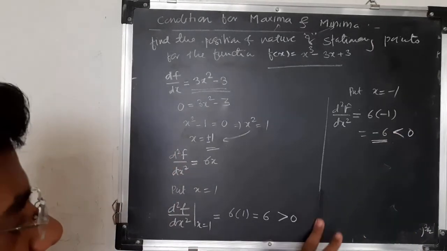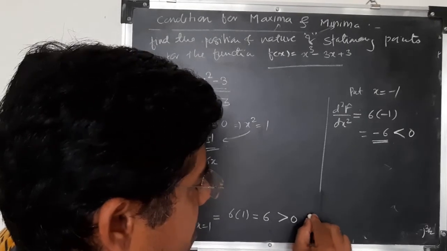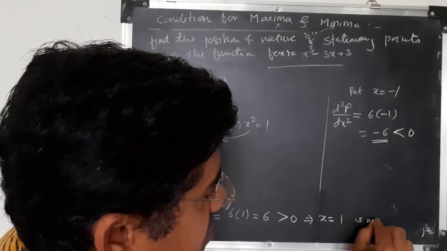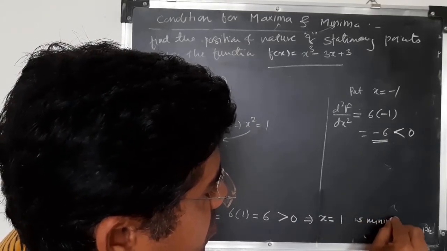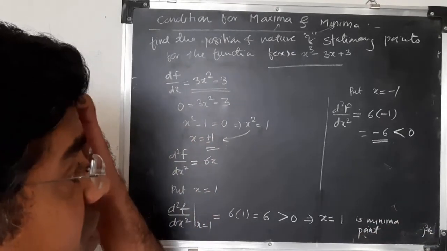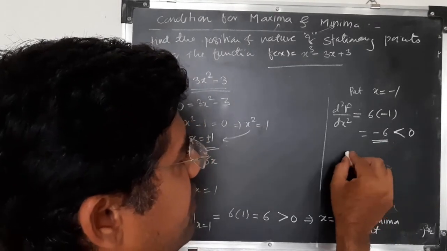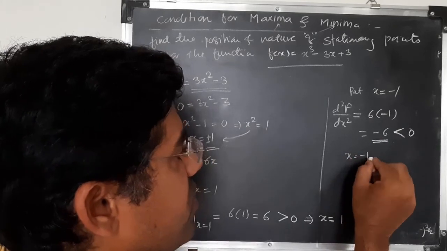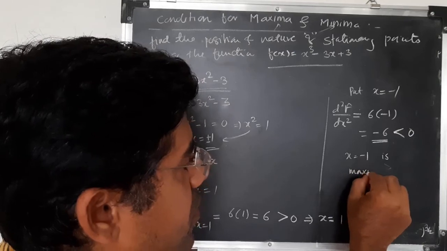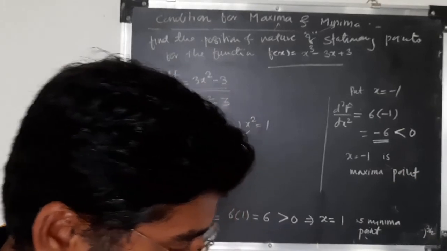So we know that when the second order derivative is greater than 0, x equal to 1 is a minima point, because the second order derivative is greater than 0, and here it is less than 0, so x equal to minus 1 is a maxima point.